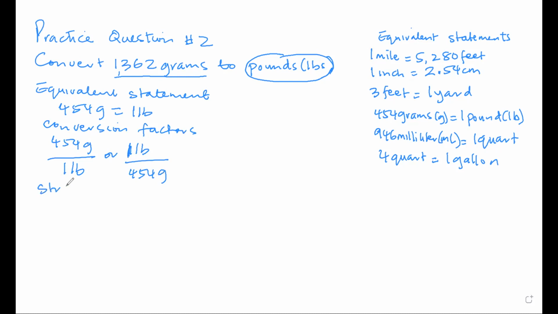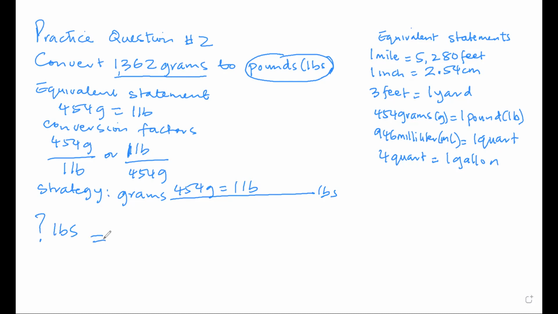Then our strategy will be, we are going from what we know, grams, to pounds. We are getting there using this relationship. Okay? Now we want our answer to be in pounds.